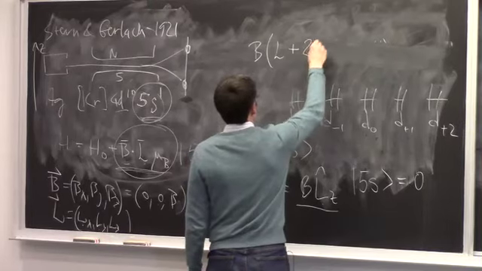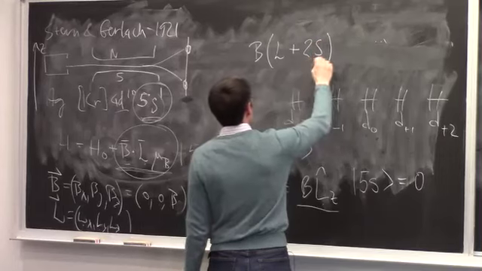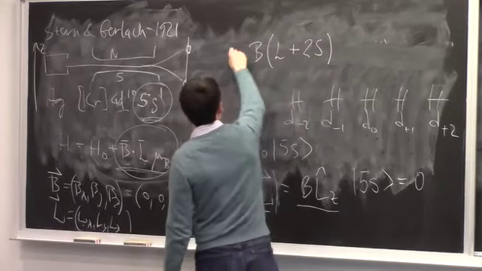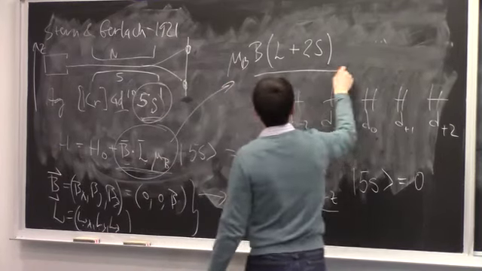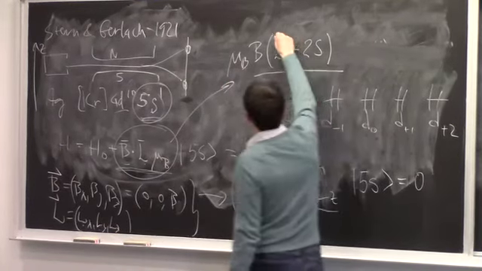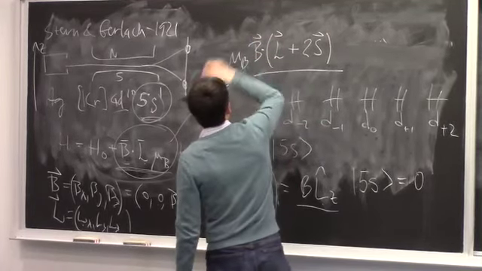There is also a spin operator that should be added to this expression. So this should be modified by this expression. Here we have L, S. The 2 is not essential right now.